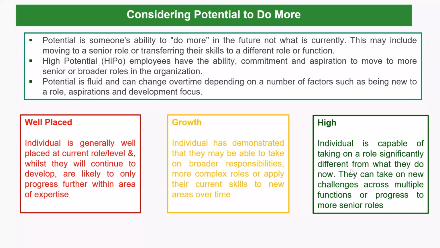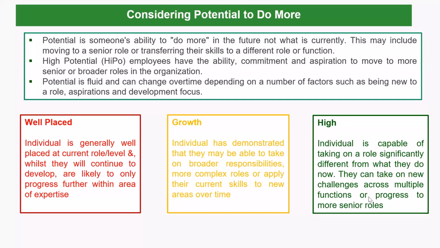Then the high potential, which we call HIPO, are individuals that are capable of taking on a role significantly different from what they do now. They can take on new challenges across multiple functions or progress to more senior roles.